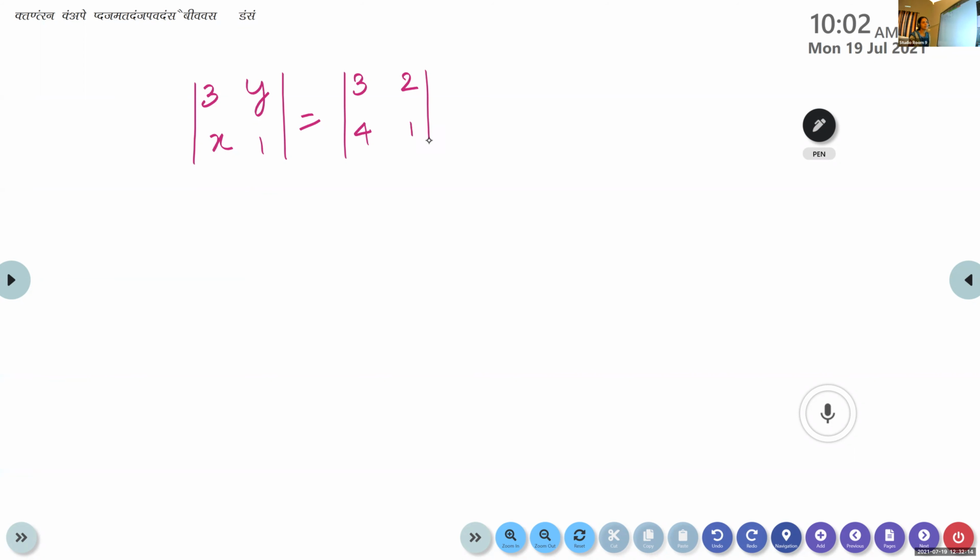Find the possible values of x and y if x and y are natural numbers. So that means we want to find only the natural numbers. What are the possible values for x and y, where x and y are natural numbers?